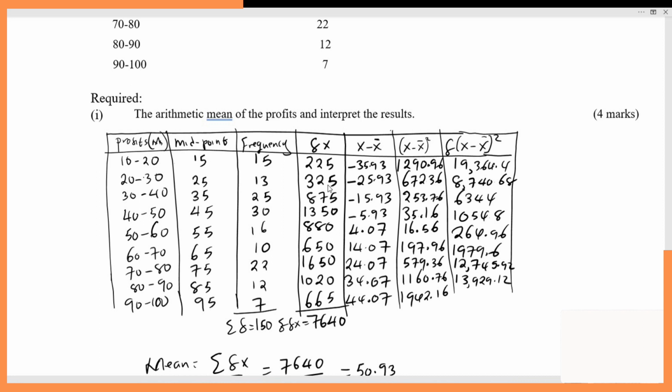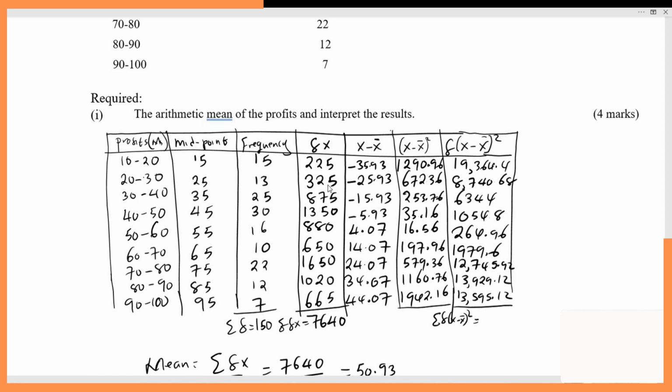And finally, we have 1942.16 times 7. This gives me 13,595.12. So when you add these up, the summation of f into x minus x bar squared, what do you get?